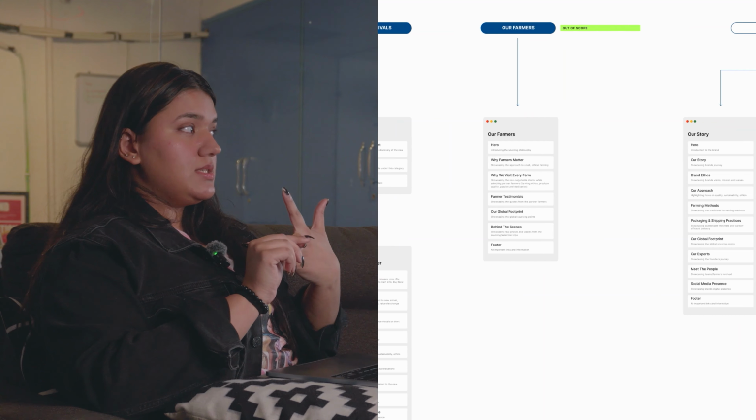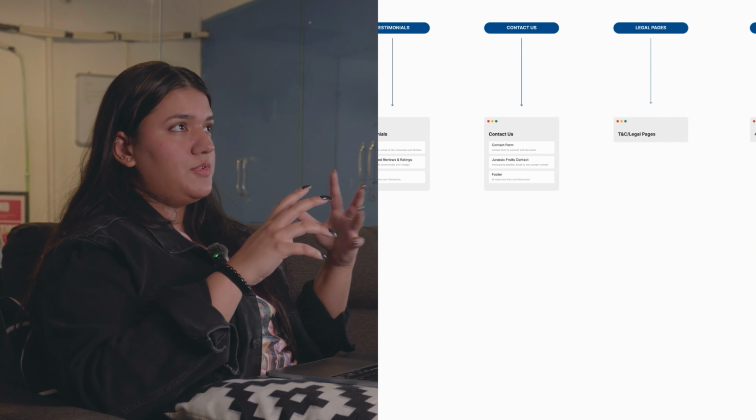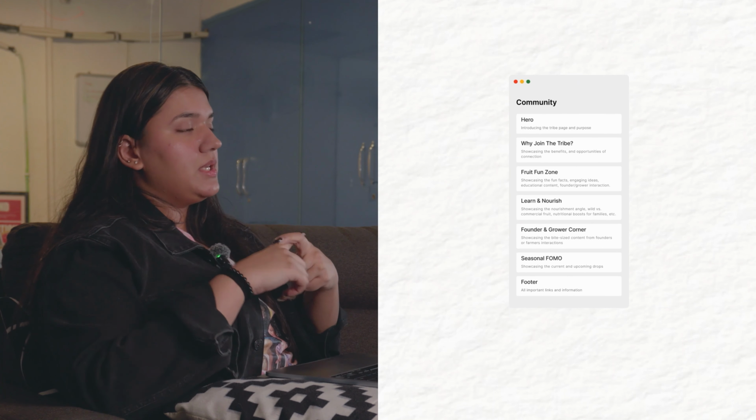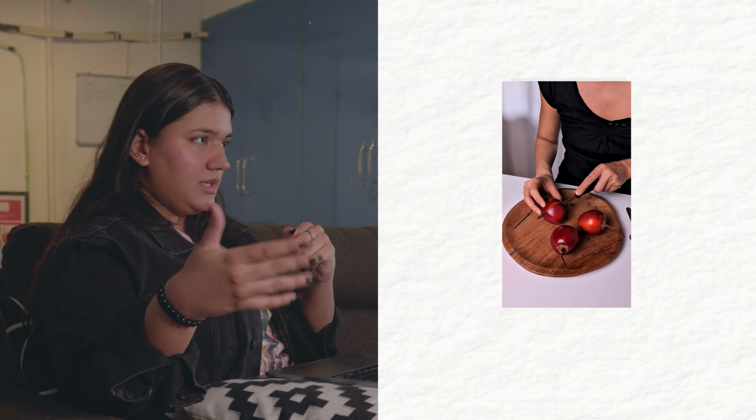We also suggested interesting pages, for example, a fruit community where people can come in, talk about their experiences or the new fruits that they tried today. Since they are exotic fruits, people are really excited about sharing their experiences. So such new pages and sections were also explored during the IA.